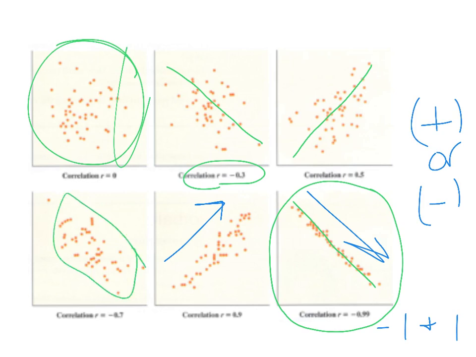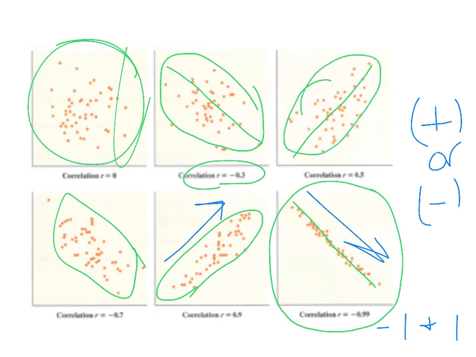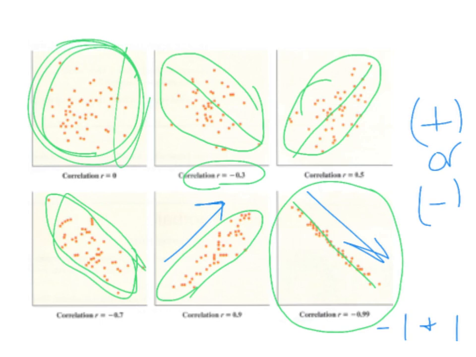Again, a little bit tighter, a negative though, so a -0.7, and then again tighter here with a 0.9. That's one of the things you can do: draw a circle around your points, and the more oval your circle is, the stronger the correlation. The more circular your circle is, the lower the correlation.